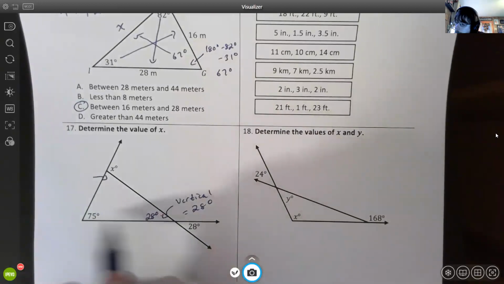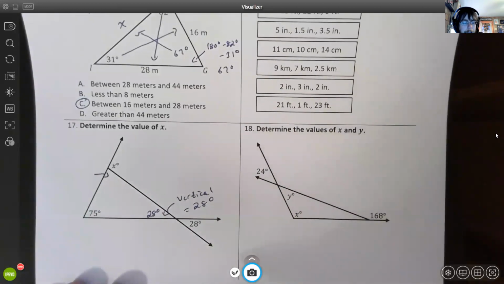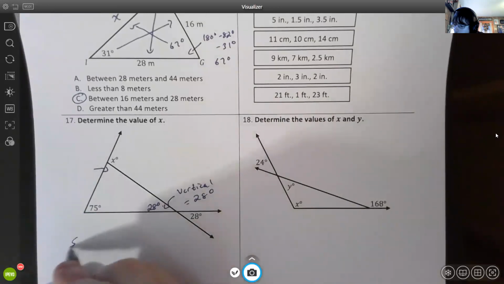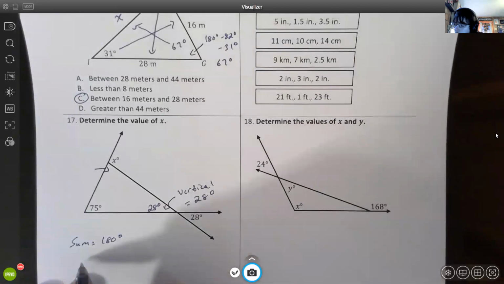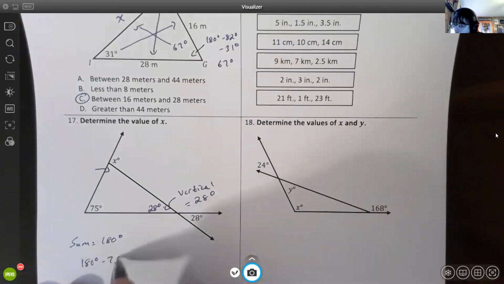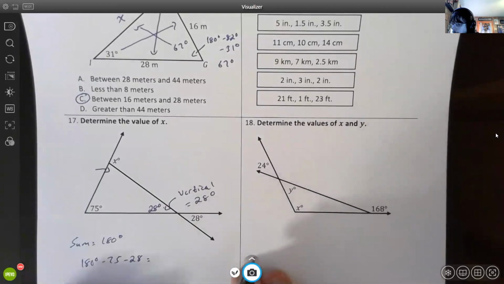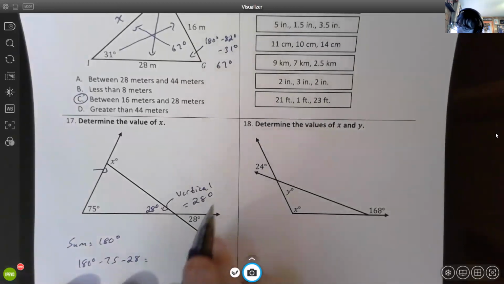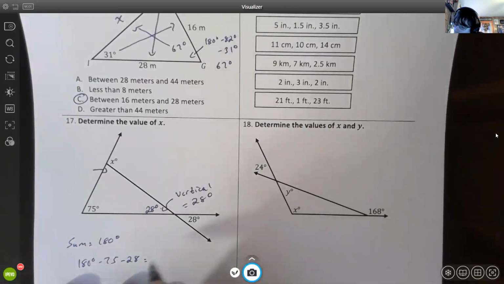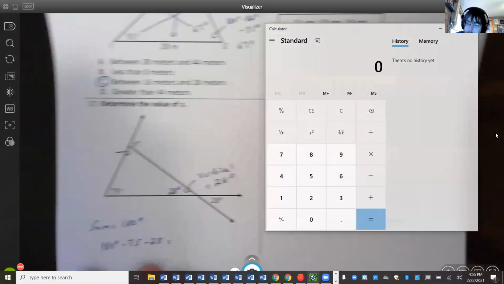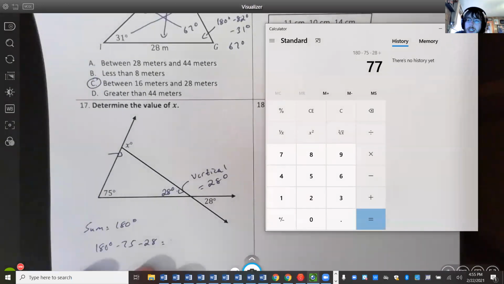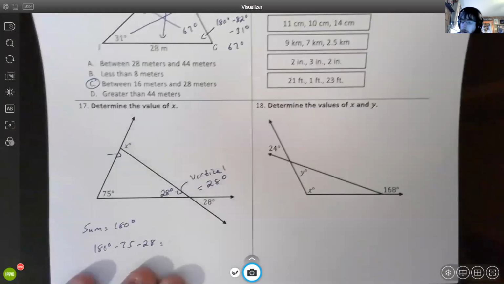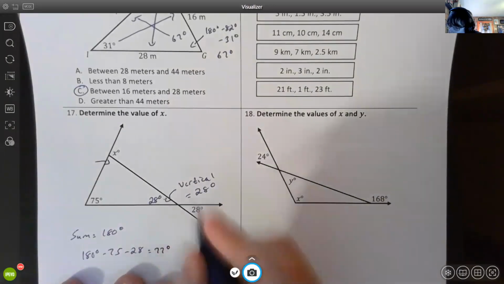Well, 75 and 28 are two angles in the triangle, and the sum in a triangle is equal to 180 degrees. So we can take 180 minus 75 minus 28. And that gives us 77. So this is 77 degrees here.